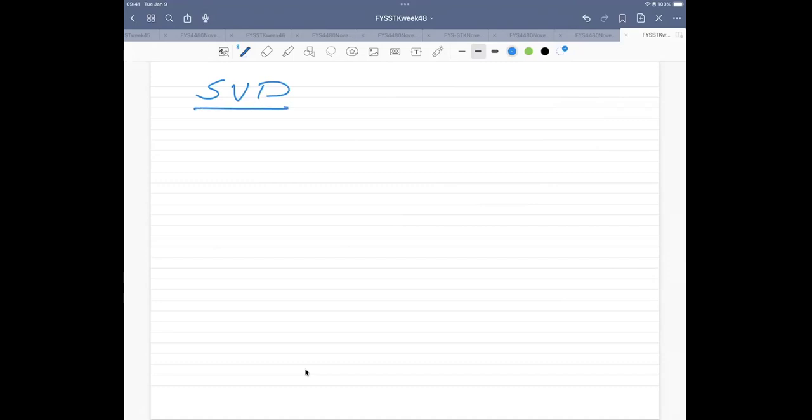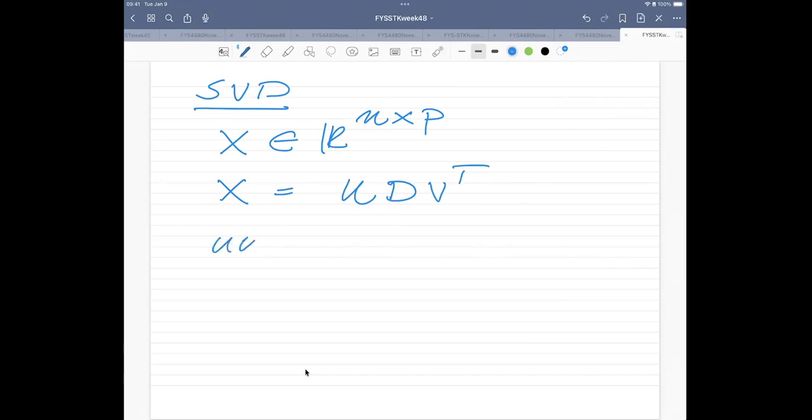So we have the singular value decomposition, and you remember that this X is given by a matrix of dimension n times p. P is the number of features. And then we could rewrite any matrix in terms of a unitary matrix U, a matrix which contains the singular values, times an orthogonal or unitary matrix. So we are essentially dealing with orthogonal matrices.